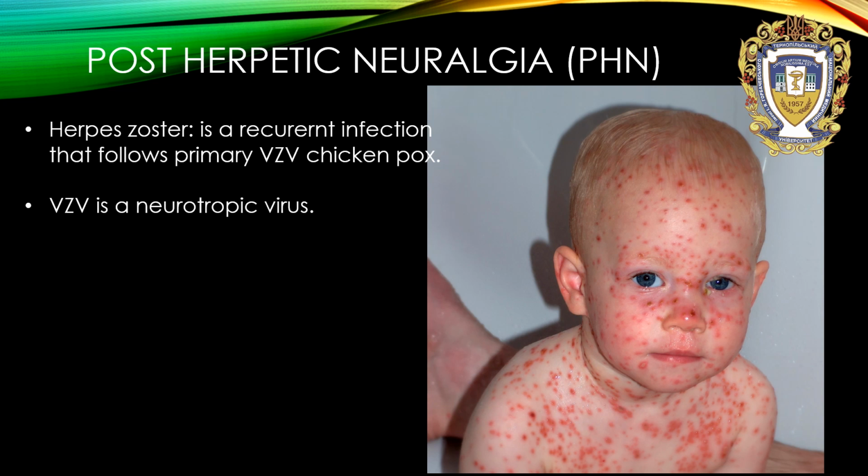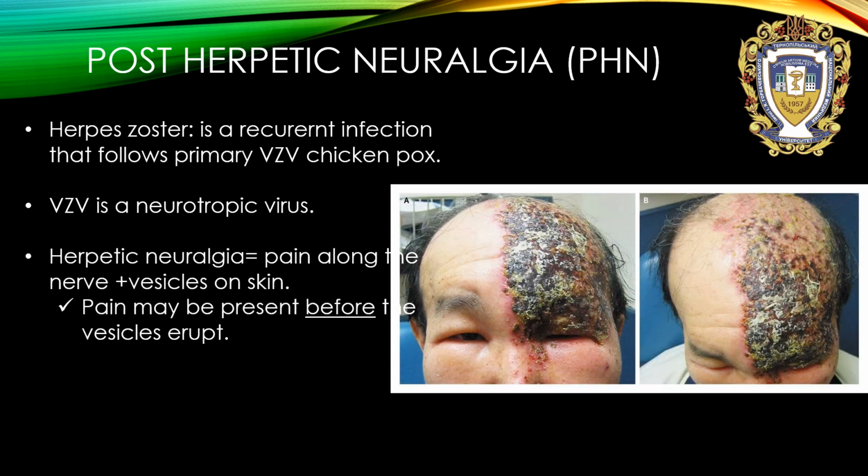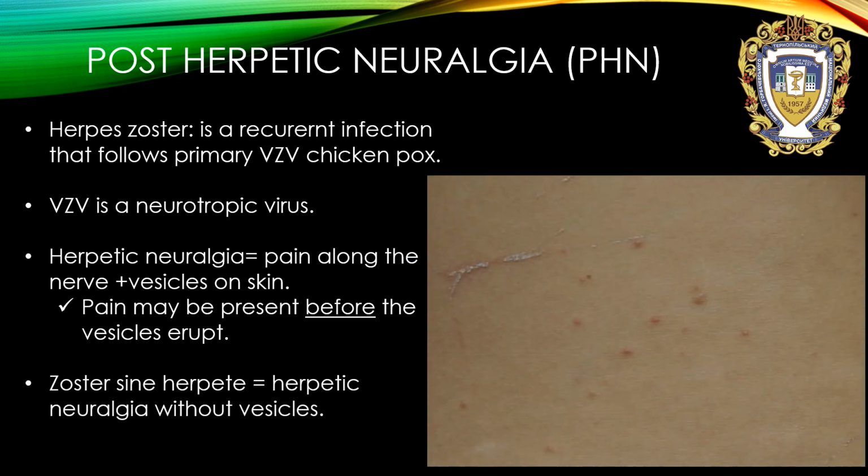And you know that the virus zoster is a neurotropic virus. Herpetic neuralgia is pain along the nerve plus vesicles on the skin. Pain may be present before the vesicles erupt. But sometimes we can see zoster sine herpete, herpetic neuralgia without vesicles.